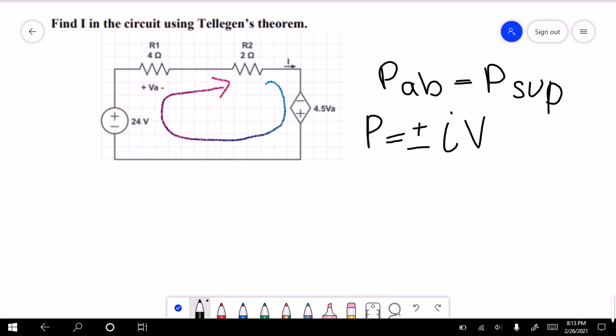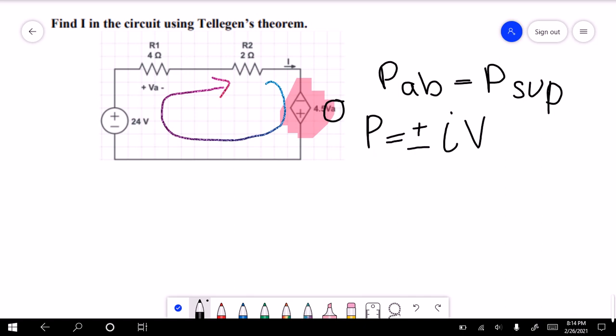So we're going to start at this dependent source. So why is this source dependent? Because the voltage depends on VA. So that's why it's dependent.